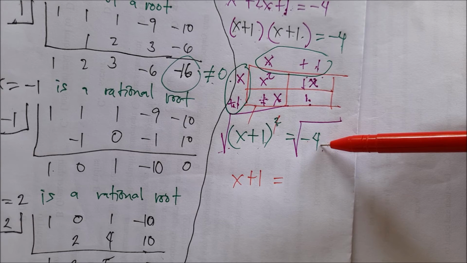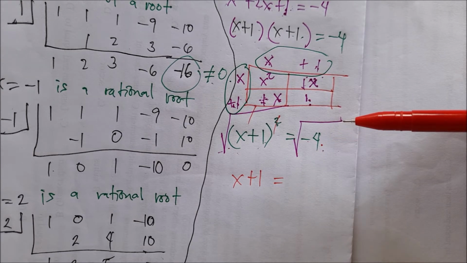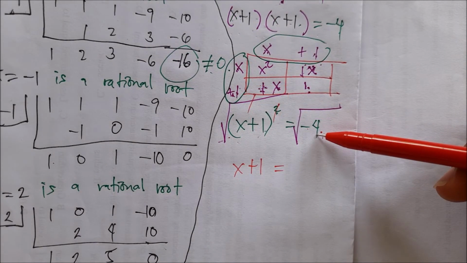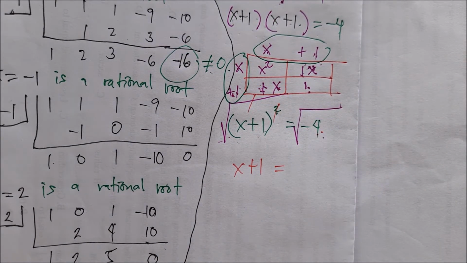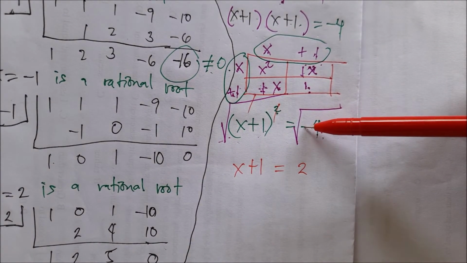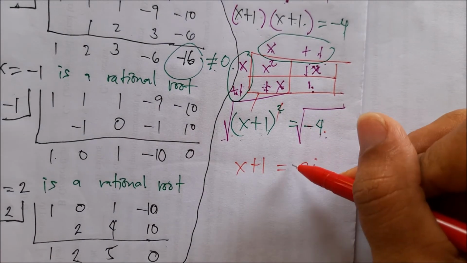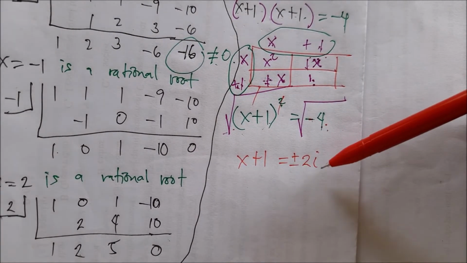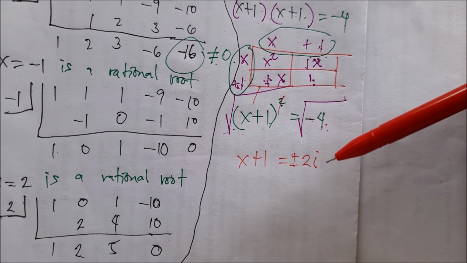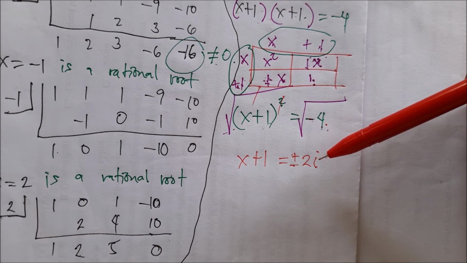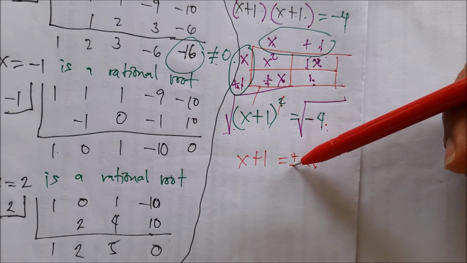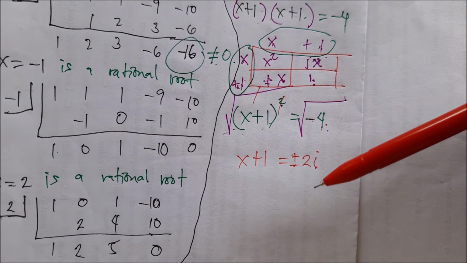In a scientific calculator, that is a mathematical error. So use the imaginary i: the square root of 4 is 2. How about the negative? Negative gives i. If there is an imaginary, you need to write plus minus. All the coefficients with an imaginary i, you need to write plus minus. It means there is a positive and there is a negative result.